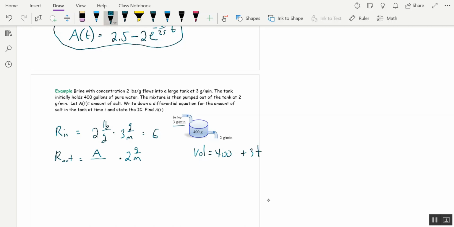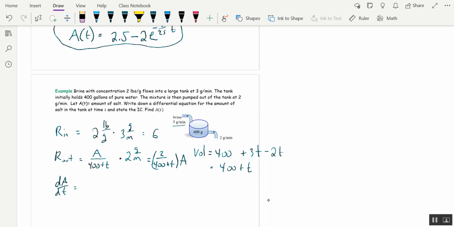400 plus 3t minus 2t. So that's 400 plus t. Every minute you're gaining a gallon. So 400 plus t. So when I multiply that, I get 2 over 400 plus t all times A. Okay, so dA/dt is rate in minus rate out.